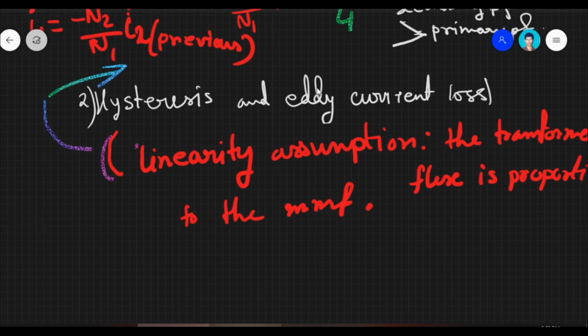The answer is here. If we consider the transformer BH curve, I hope you have heard about the BH curve. I will also discuss it in detail in my electromagnetics course.